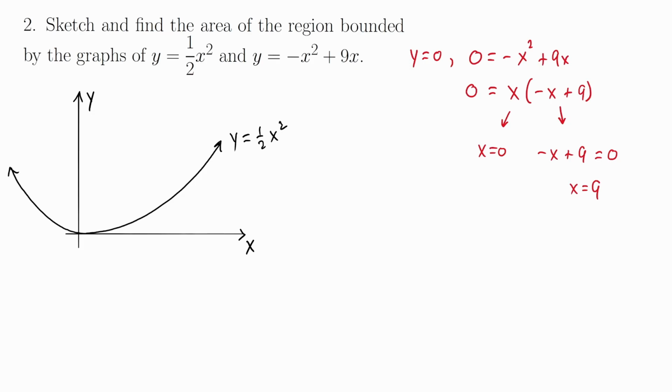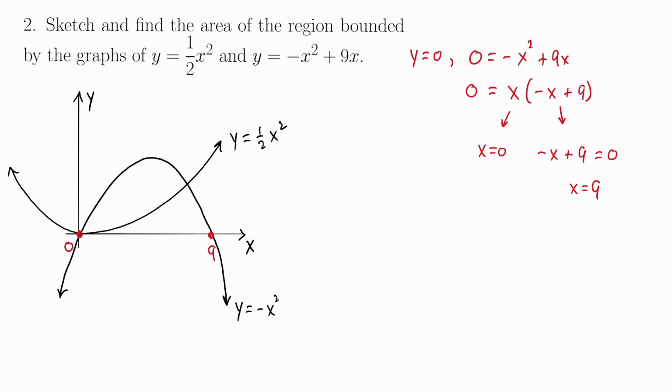All right, so we know this other parabola is going to cross the x-axis at 0 and 9, and it's going to open down. So if we draw a quick sketch of that, it would look roughly like that.